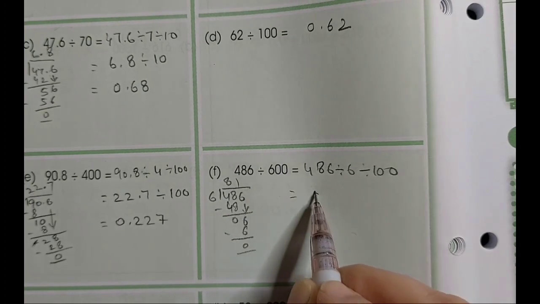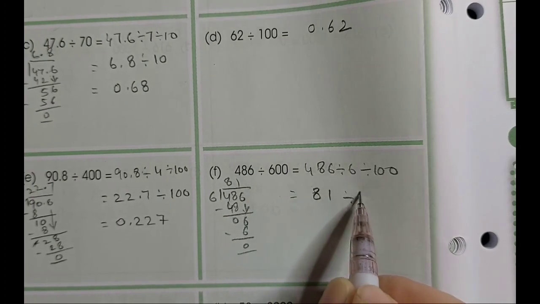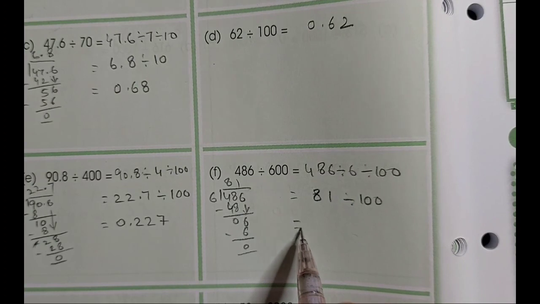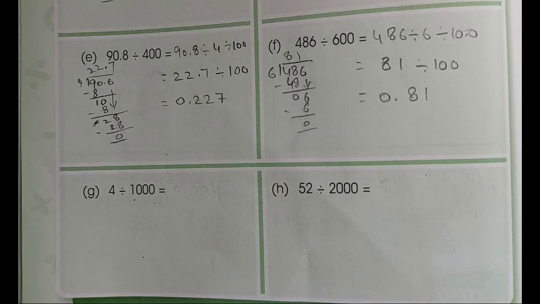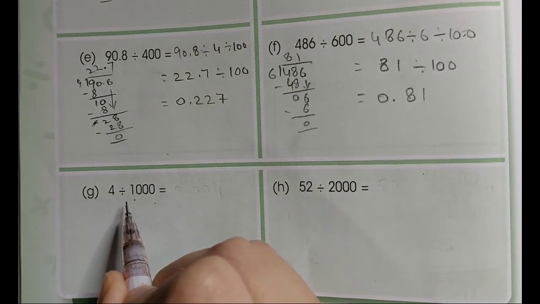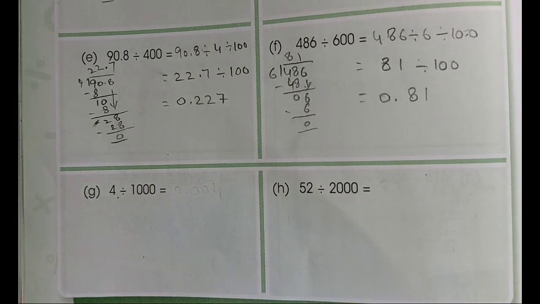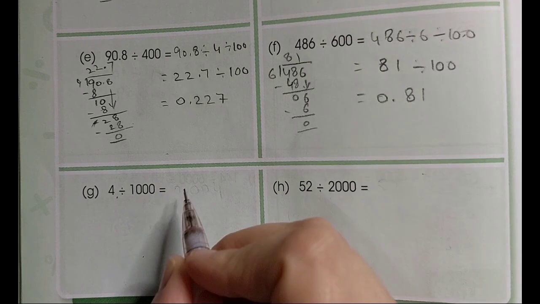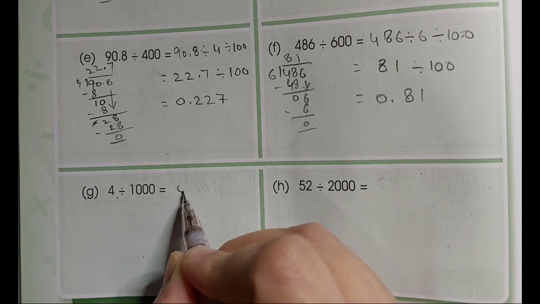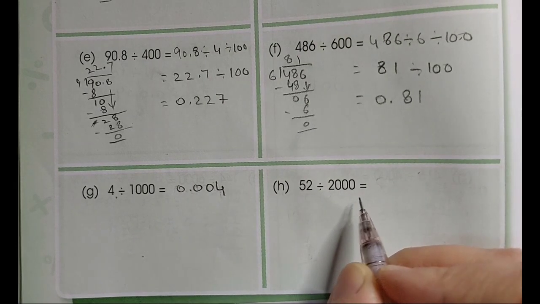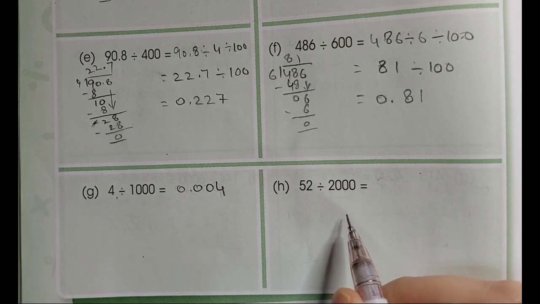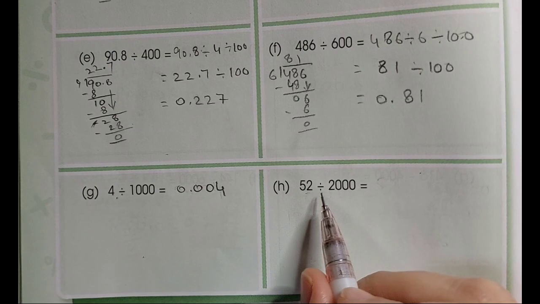Again our quotient is 81 divided by 100. 2 decimal places, our answer will become 0.81. Okay, part G is 4 divided by 1000. So we have to shift the decimal 3 decimal places towards your left. It will become 0.004.